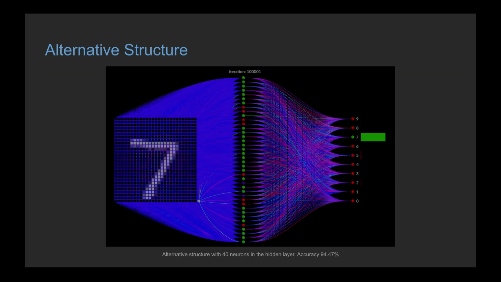And I actually tried an alternative structure, which I did last evening. I just took 40 neurons in the hidden layer instead of 20, and it actually increased the accuracy to 94%, which is a lot better. I actually tried 2 hidden layers as well, but that didn't lead to any good results.